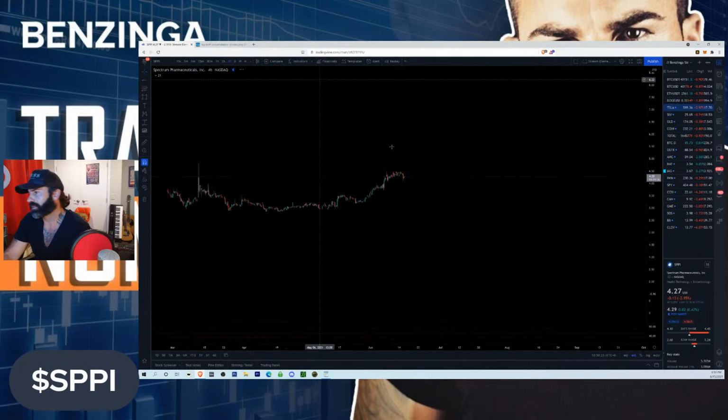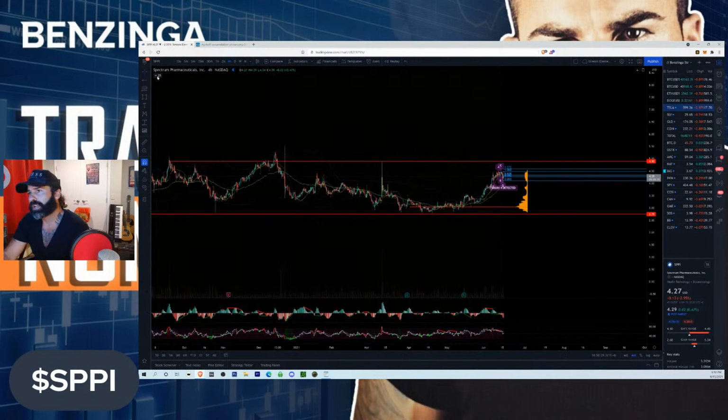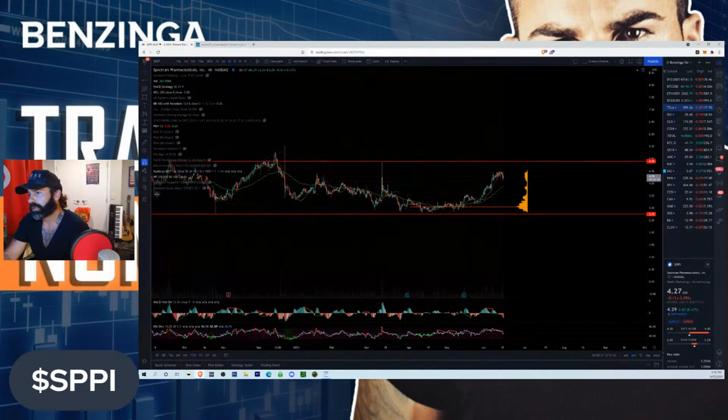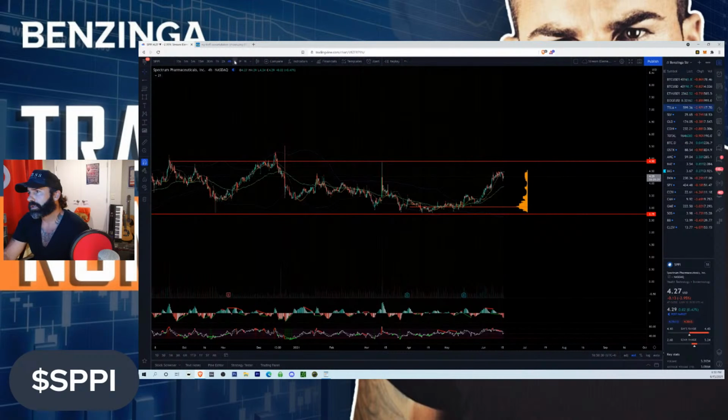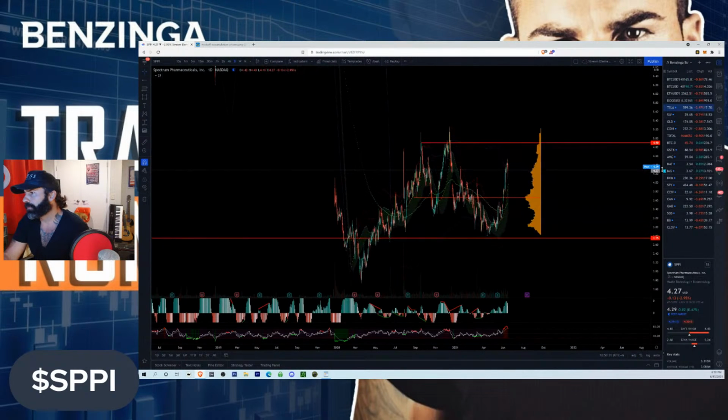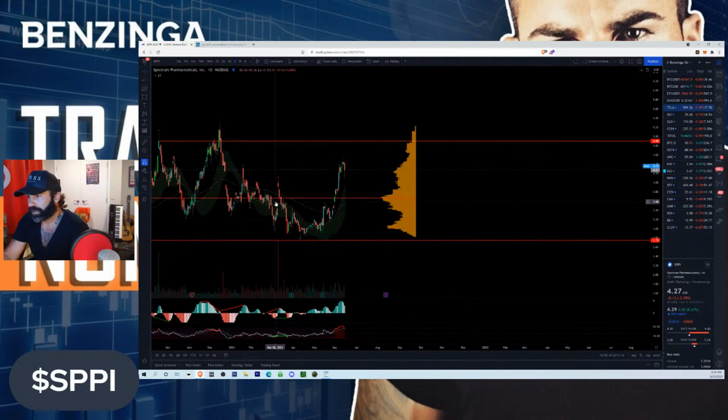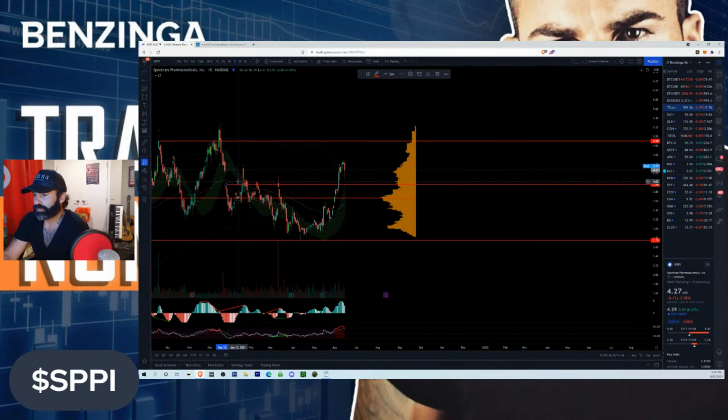If I was looking for an entry on this one, I'd probably look for this asset. It looks like you've got this resistance that was being respected a few times here back in January, February and March.